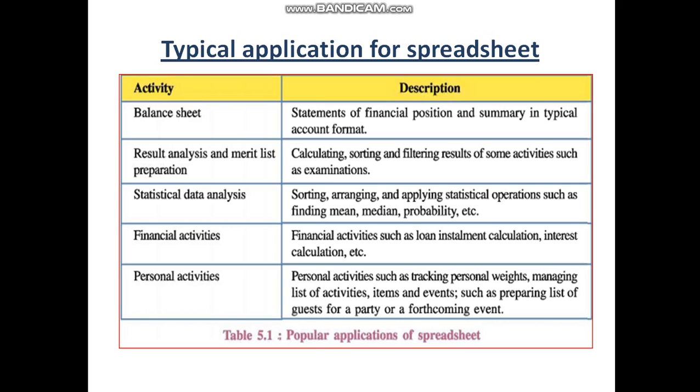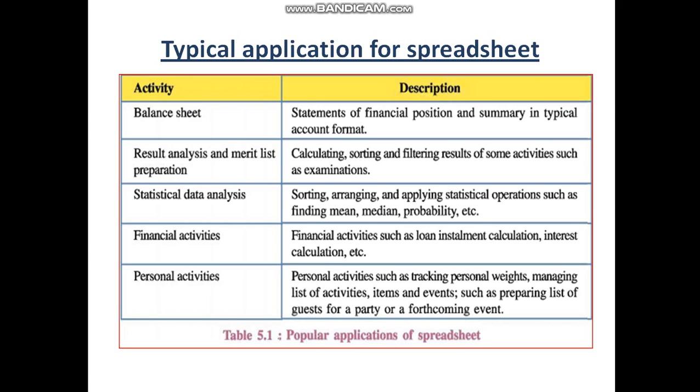Next, statistical data analysis and sorting. Sorting means arranging data in a sorted manner, and applying statistical operations such as finding mean, median, probability, etc. Next, financial activities such as loan installment calculation, interest calculation, etc. are done by a Calc sheet.